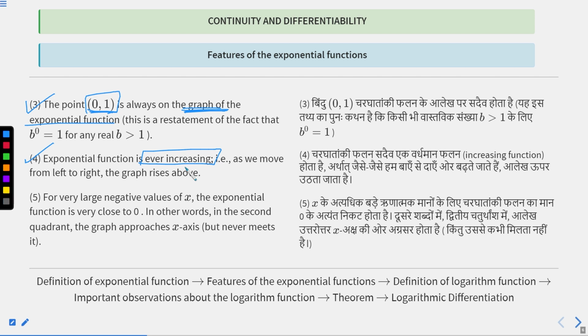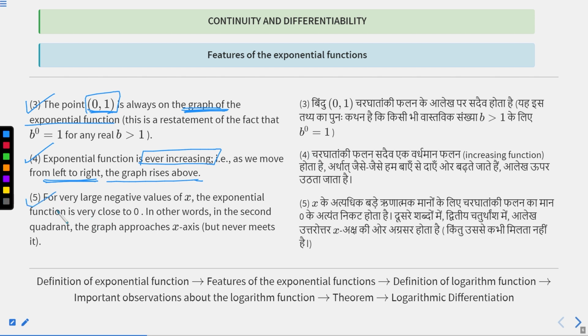The graph always rises and tends to infinity on the y-axis. So if you move left to right on the x-axis, the graph will rise. Clear?